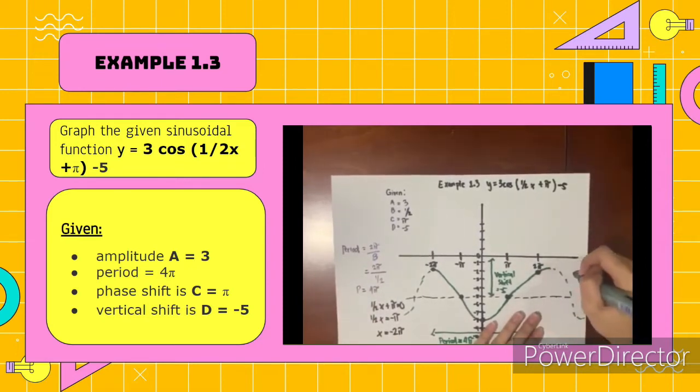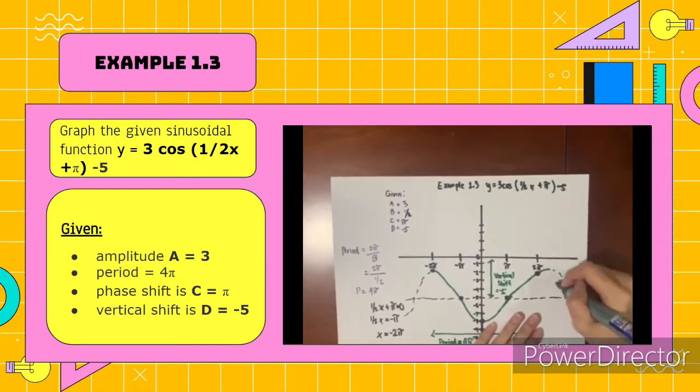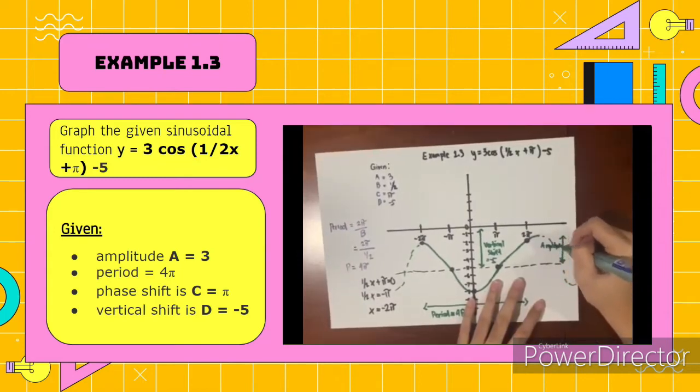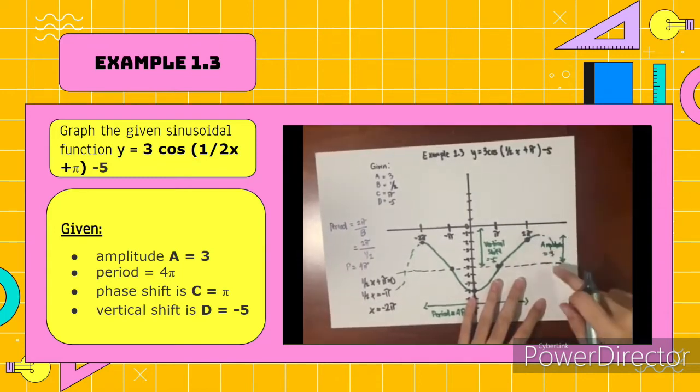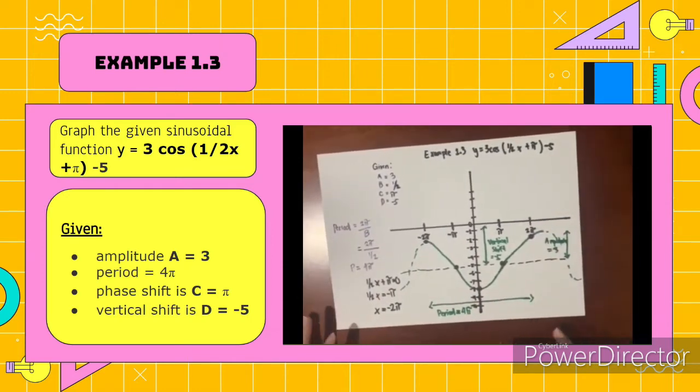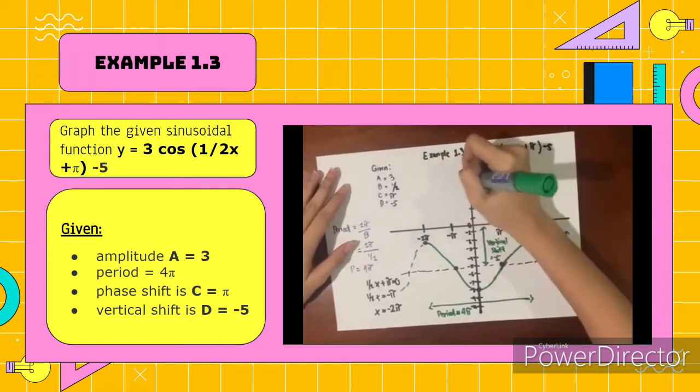Bali, yan. Ang amplitude niya ay 3. Yung amplitude niya, from the midline hanggang sa taas ng wave. Then, last, phase shift.